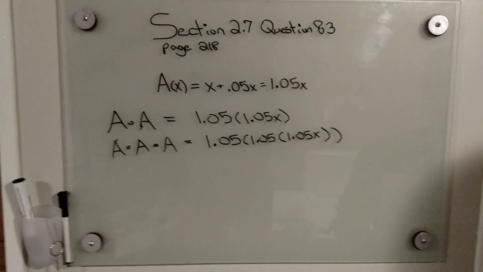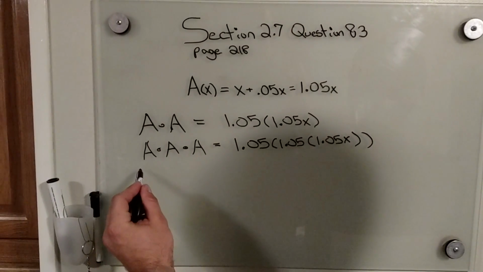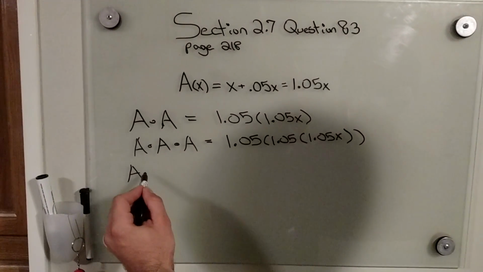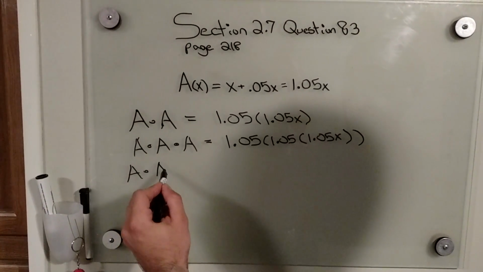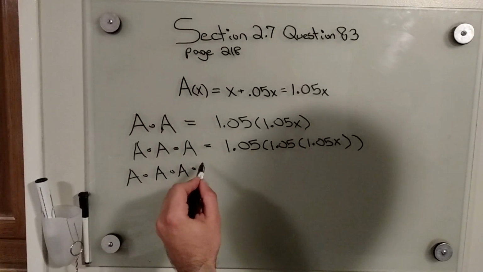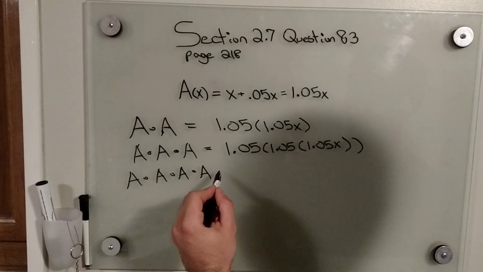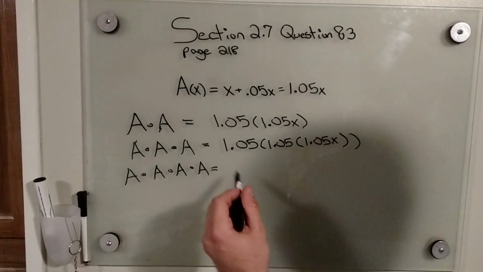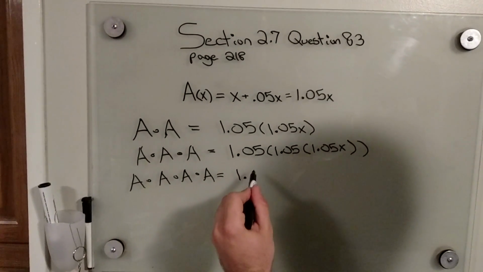And we're finally asked to find A composed of A composed of A composed of A. And we do see a pattern start to emerge here.